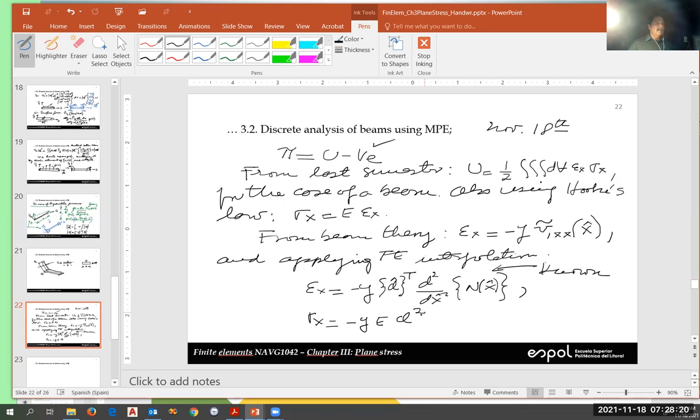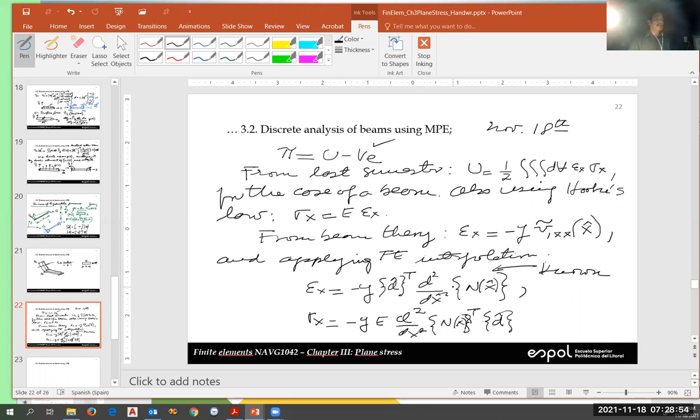So this is the second derivative with respect to x of the transpose of that, and multiply by the vector of the joint displacements. So this is a vector, this is a row, don't forget this. So the product is a scalar. This is a row, this is a vector, and again, the result is a scalar.